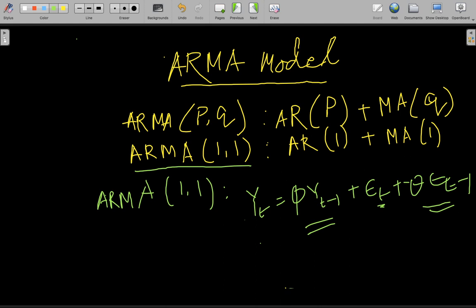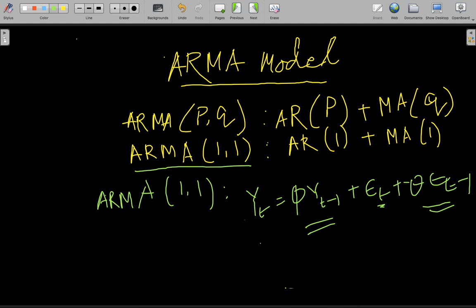So we include both the past period observation as well as the past period error in the ARMA(1,1) model. You can also have an ARMA(m,n) or (p,q) model. You simply consider an AR(p) model and an MA(q) model, and extend your Yt values or et values accordingly.